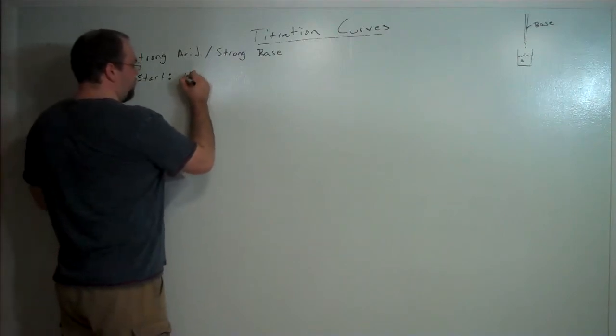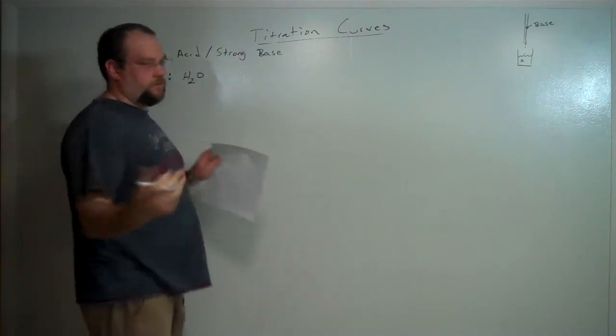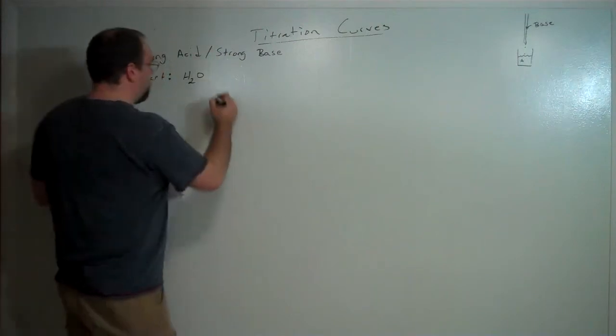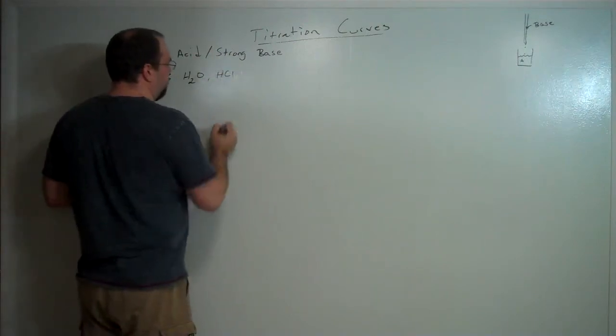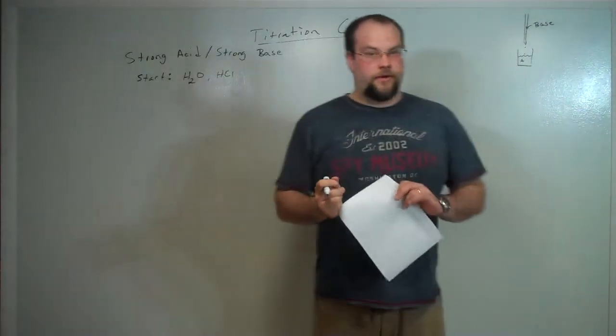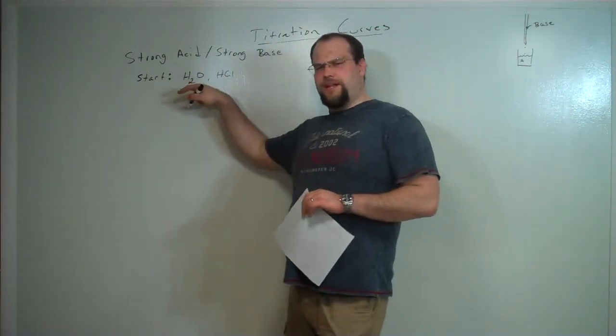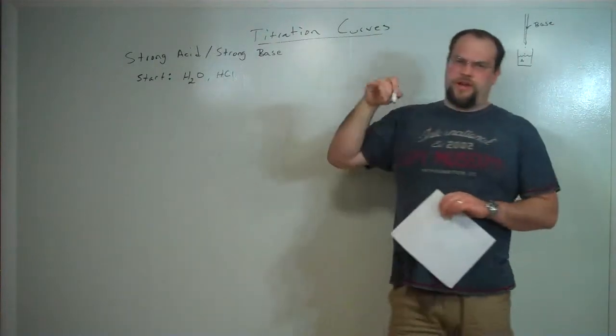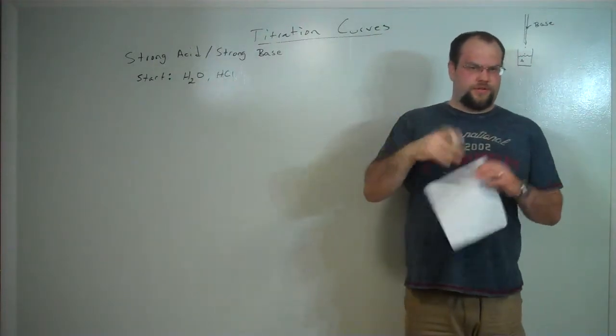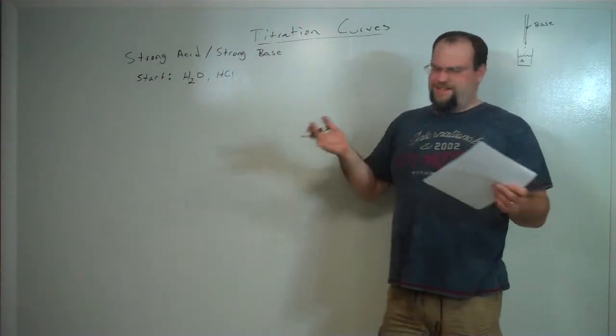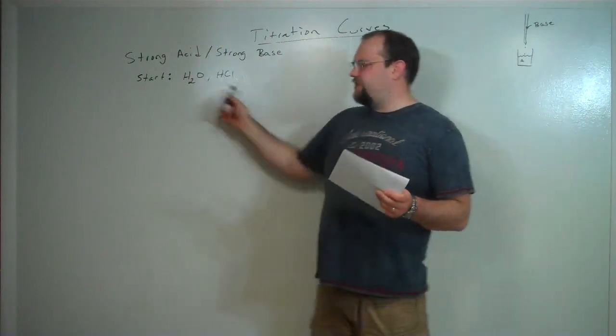There is, first off, H2O, because there's water. Yes, this is all the water. And there's HCl. Kind of. These two things never really exist together in nature, right? HCl is a strong acid, so as soon as I put it in water, it dissociates. So I really don't have H2O and HCl.